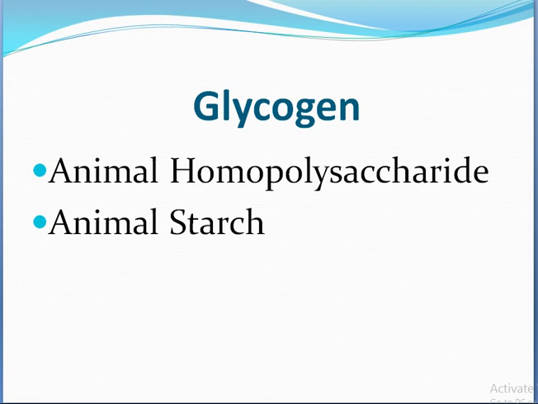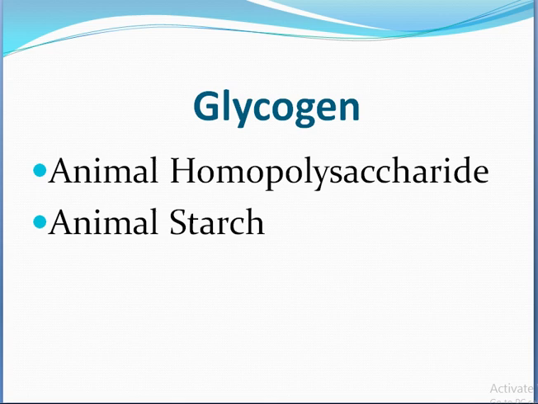Starch is the reserve in plants, whereas glycogen is the reserve in animals. It is present in high concentration in the liver, followed by the muscles and brain. Glycogen is also found in organisms that do not possess chlorophyll, such as yeast and fungi.